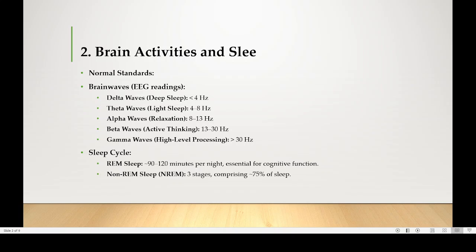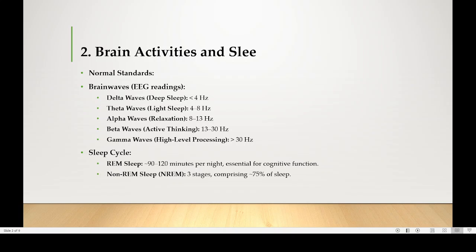Then coming to sleep also, there are two types of sleep. One is REM sleep and the other one is known as non-REM sleep, about which also we have studied. Normally during sleep, 90 to 120 minutes, nearly 1.5 to 2 hours, will be REM sleep. During that time we will be having dreams, because dreams are actually helping in a kind of relaxation, and most of our dreams will be associated with some of our desires or some of our frustrations that are expressed in the form of dreams.